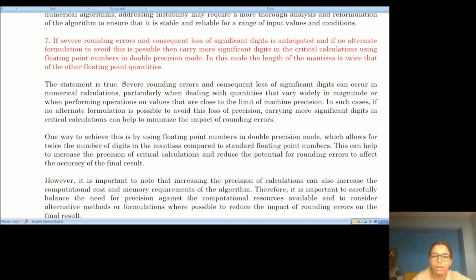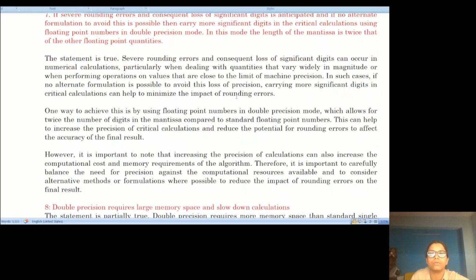Obviously, when we are doing numerical calculation, we do have some severe errors. We have consecutive round-off errors, and we have some losses of significant digits, particularly when dealing with widely varying magnitudes and performing operations on values close to the limit of machine precision.